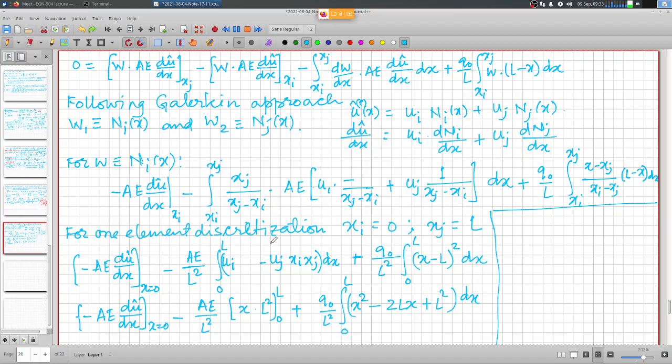So this term would obviously change. So ui minus 1. So ui multiplied by uj minus ui multiplied by xj. So this is what the integral is, right? uj minus ui multiplied by xj.